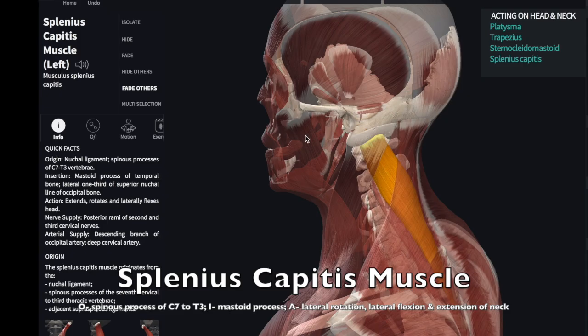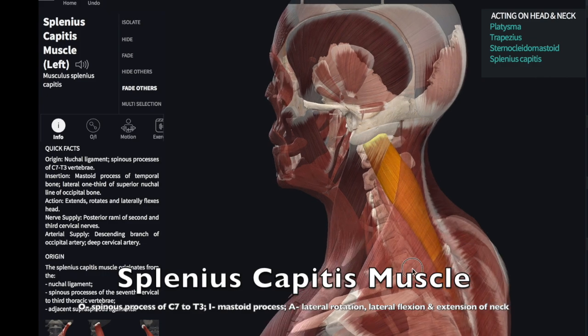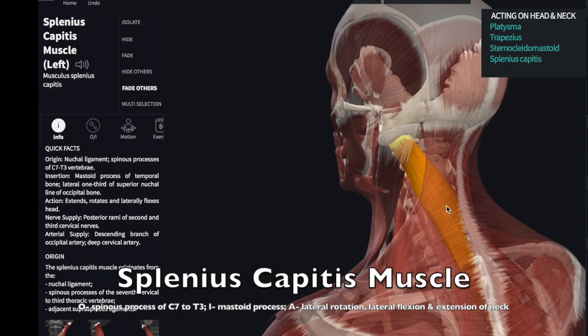Our last muscle of the neck is the Splenius Capitis. And this muscle here, it's the highlighted one here, and it's quite deep to the others. And what I've done is I've faded some of the other muscles so you can appreciate its relation to the ones we've talked about. So this would be your trapezius here, this faded muscle here, and the sternocleidomastoid right in here.